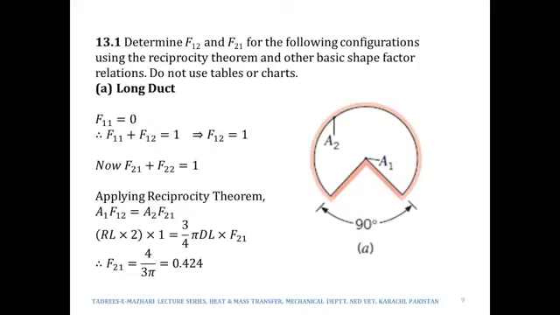So if we can find out readily some of the shape factors, that would be very handy. By the way, you need to focus upon those shaded areas. Since this side of A1 is shaded, it means that the radiation heat transfer is not being considered on this side. Rather, it is being considered on this side.